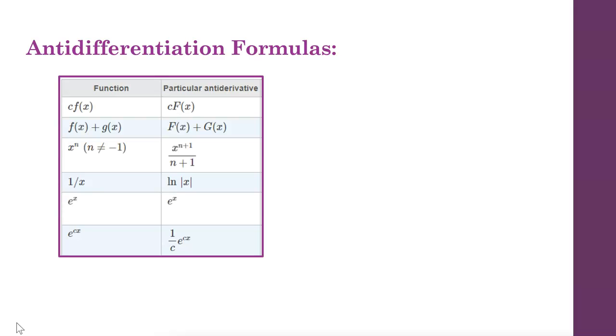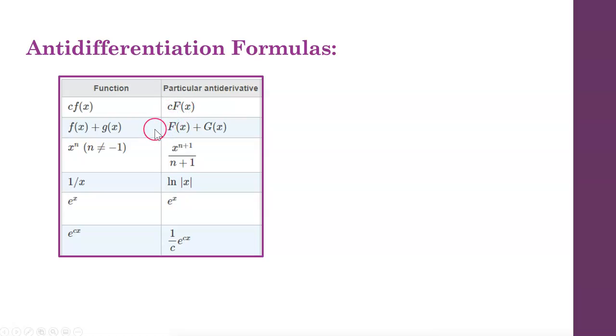Right, so that brings us to some anti-differentiation formulas based on all the derivative formulas we've already seen in the previous sections. So we know that when we multiply a constant times a function and take the derivative, we would have that constant just multiplied in front. So that would also work for antiderivatives.